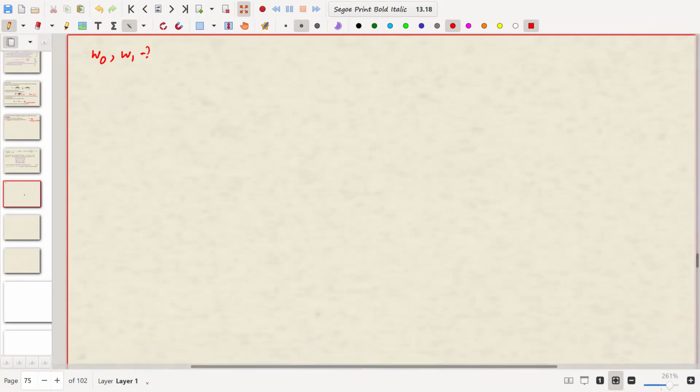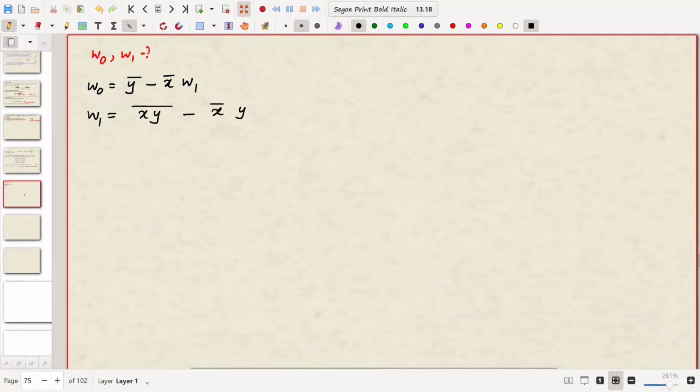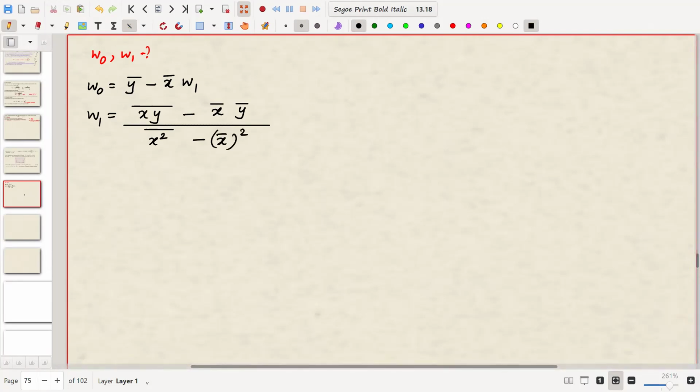Can you tell me what W0 is? y mean minus x bar W1. And what is W1? xy whole bar minus x bar y bar, divided by x squared bar minus x bar whole square.